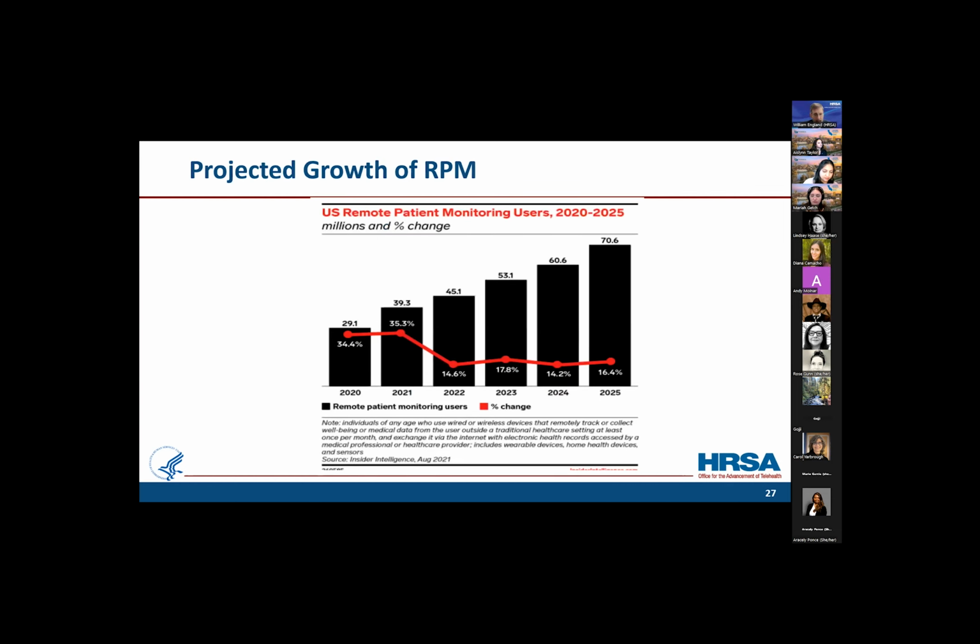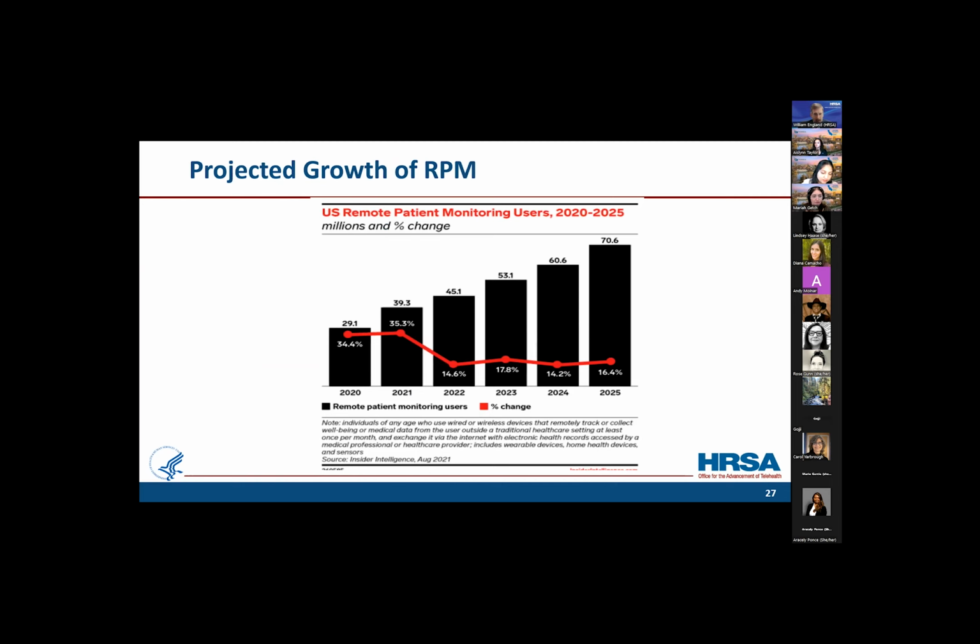So a large jump took place in 2020 as we all went home and had to get care at home. The proliferation of devices at home that would connect you, RPM type devices, absolutely took off. It continued in 2021. The exponential growth is projected to be declining now, but still staying at a pretty significant level. And this is bringing a lot of technology into the field.